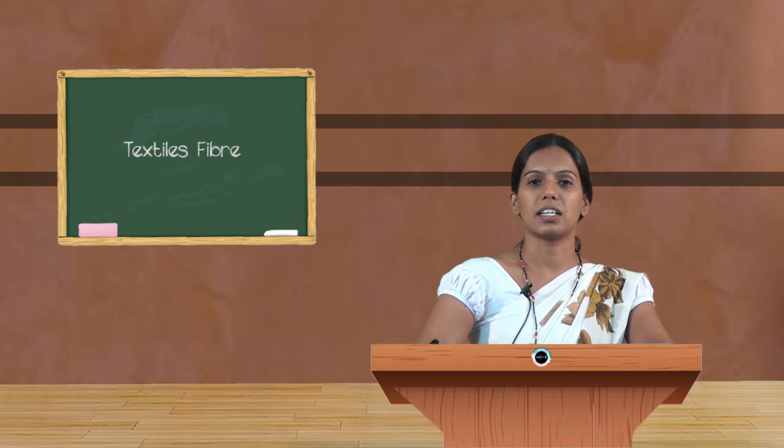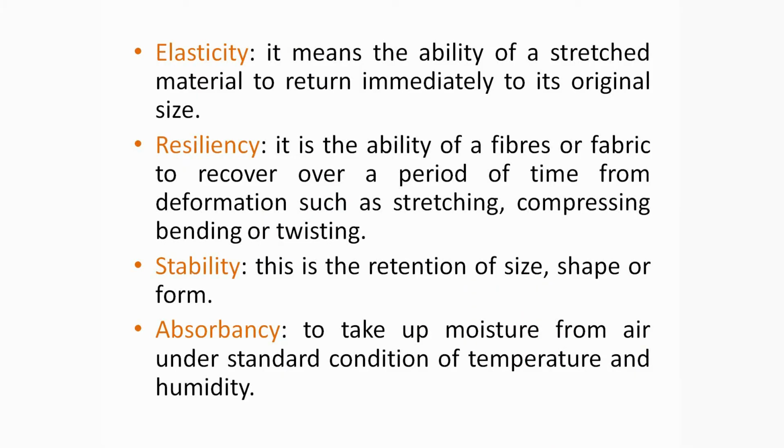And elasticity. It means the ability of a stretched material to return immediately to its original size. Next property is resiliency. It is the ability of a fiber or fabric to recover over a period of time from deformation such as stretching, compressing, bending or twisting.